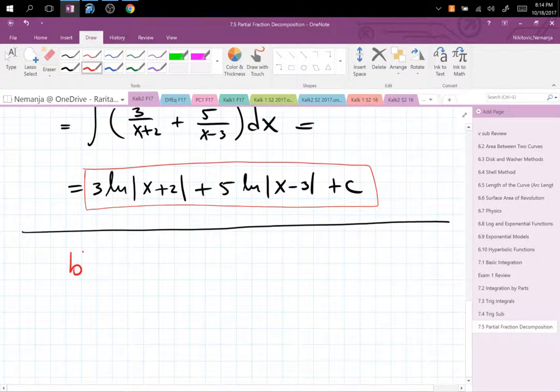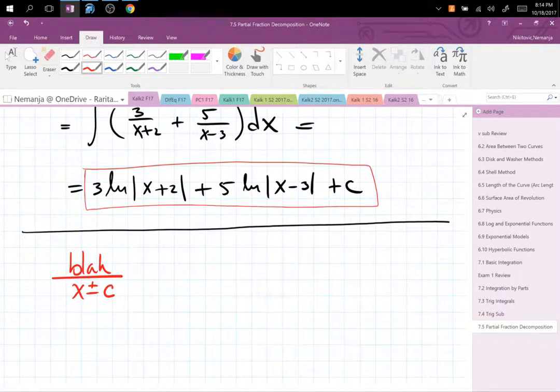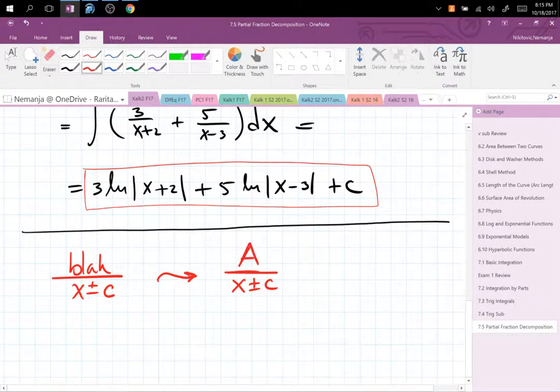If you have something that's blah over x minus c, or plus c, whatever, so this is x plus 2, x minus 5, just x, right? x plus 0. If you have any of those situations, the setup for partial fraction decomposition is A over x plus or minus c. You keep the denominator the same, and you give it a constant on top.